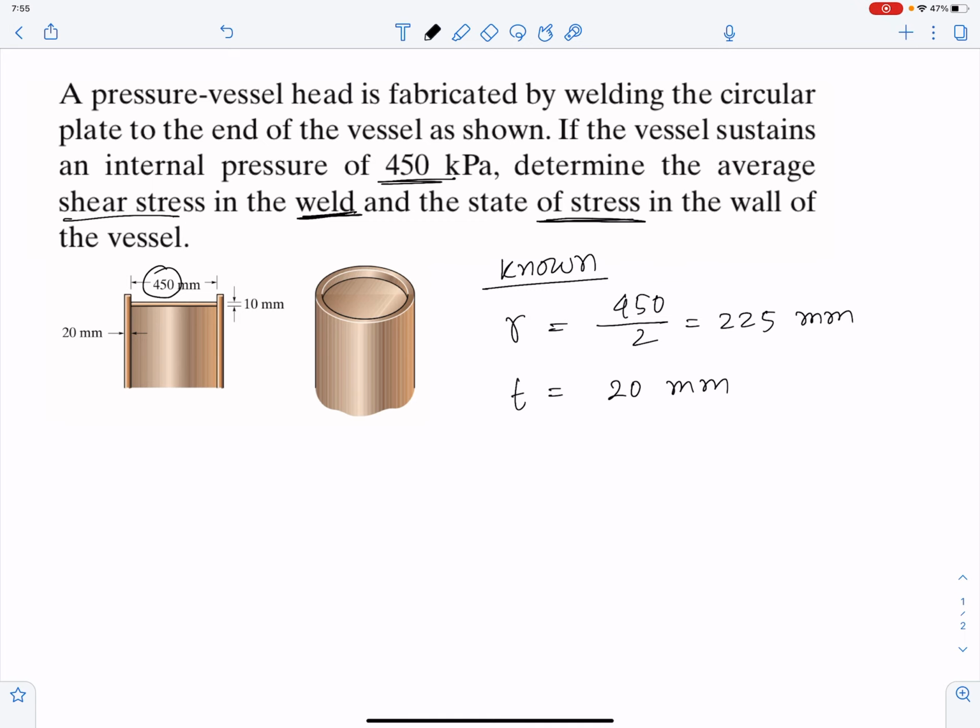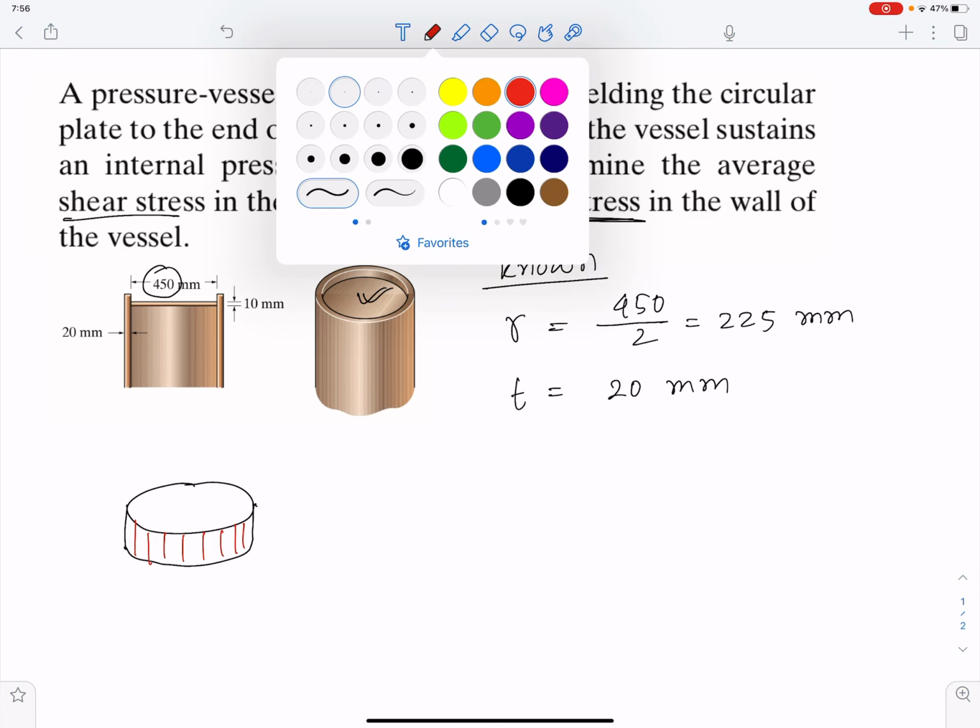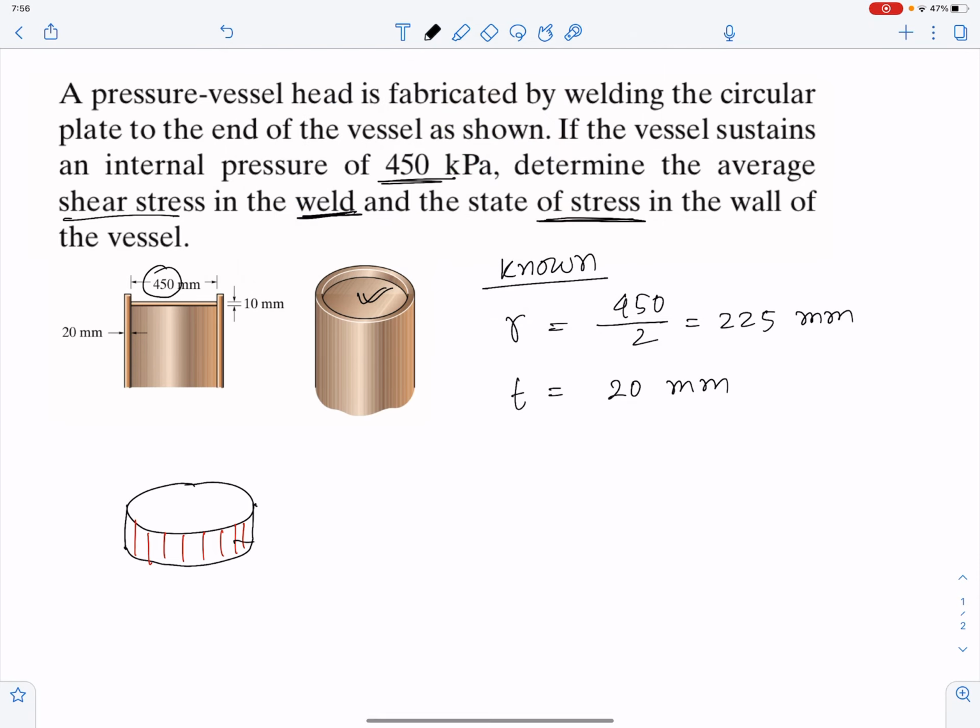And if we draw the free body diagram of this cap right here, which is welded, it is going to look something like this. This surface is experiencing the shear stress, which is tau average.